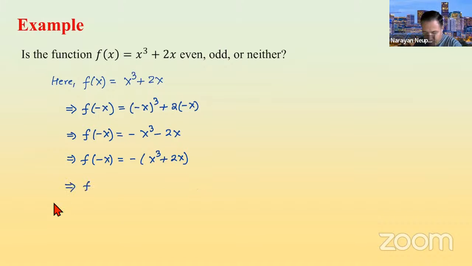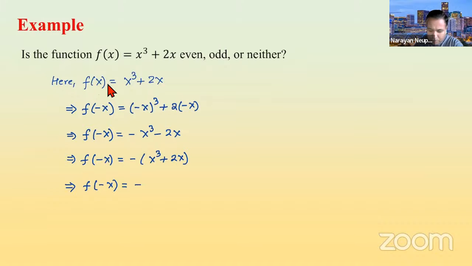And let's find out what we get in the next step. This is equal to negative. Now look at the screen carefully. Here we have x cubed plus 2x. If you look up here, x cubed plus 2x is equal to f of x, right?